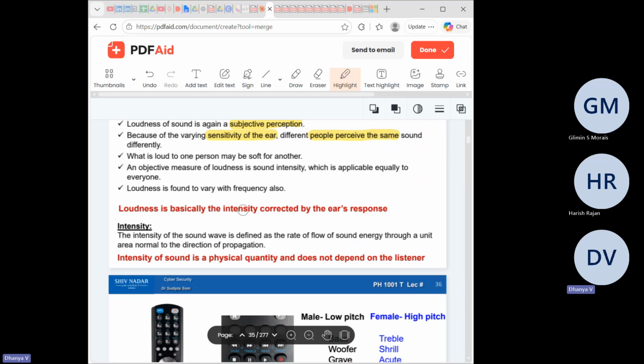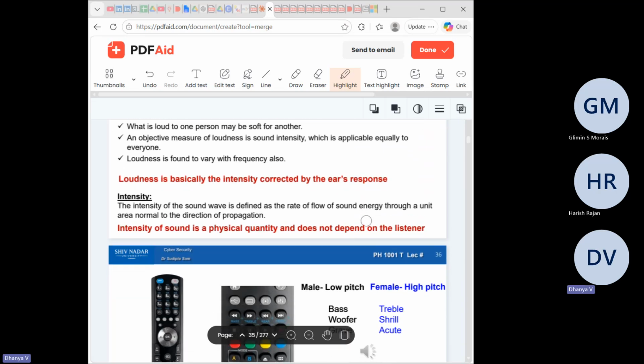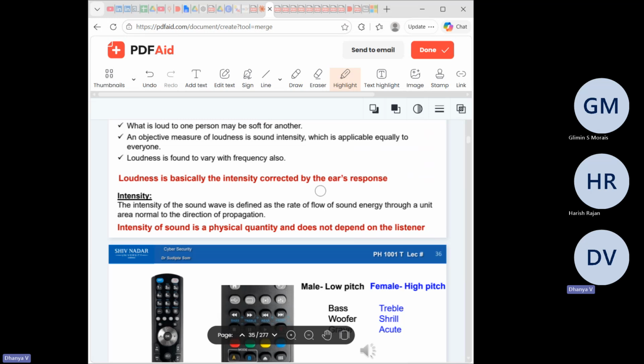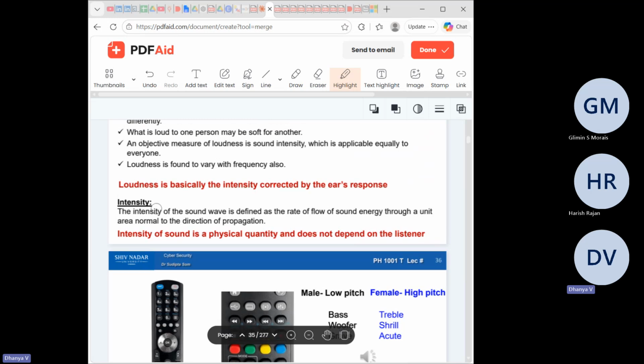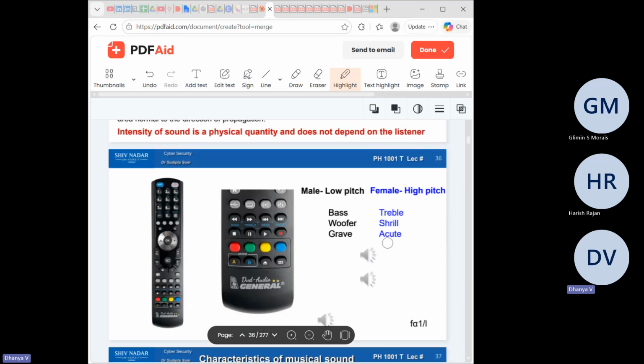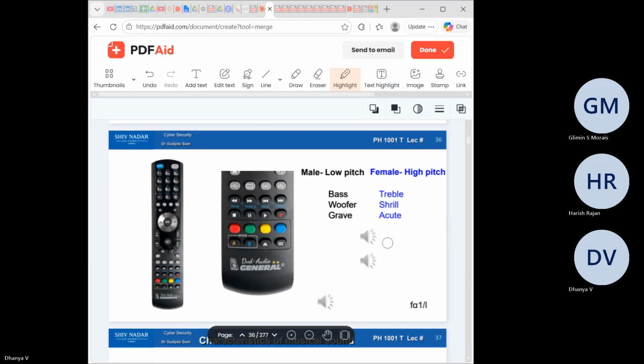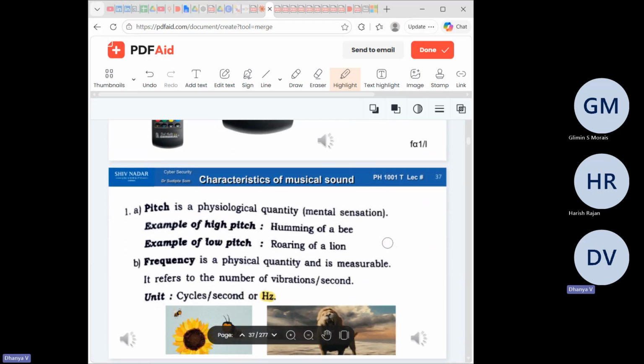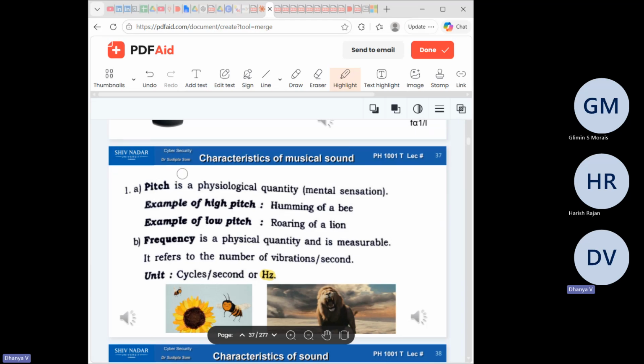Loudness is basically the intensity corrected by the ear's response. But intensity, on the other hand, is the physical quantity and does not depend on the listener or on any perception aspect. That's all. Next comes pitch.